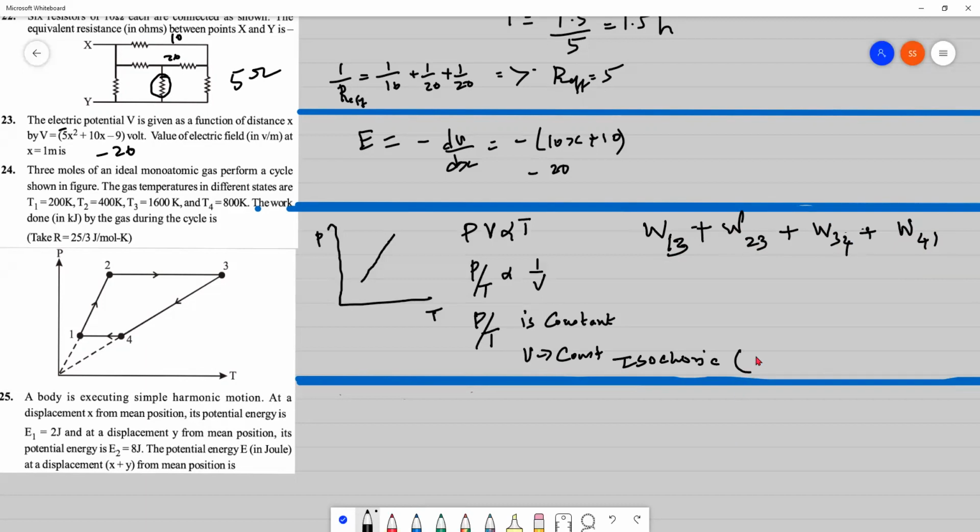Here, work done from 1 to 3 and from 3 to 4 are isochoric processes. So this is 0 and this is 0.